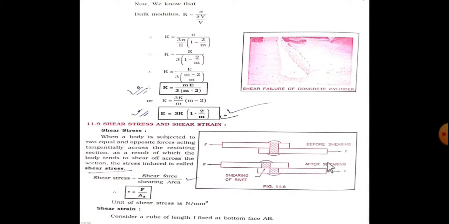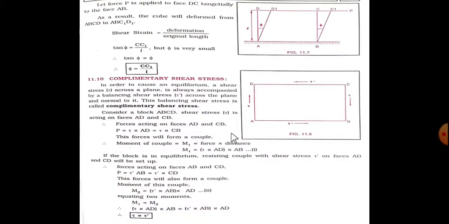Now, due to this shear, strain must be produced over there. Whenever it is going to cut off, it will deflect from here to here like this. So here an angle is generated due to strain, and that phi is equal to the deflection upon its length.